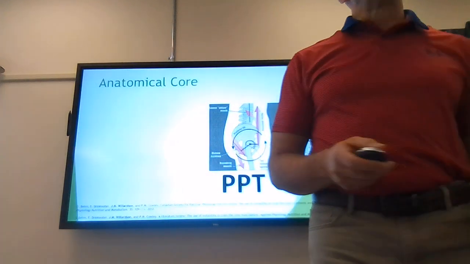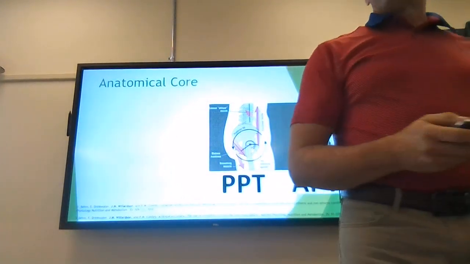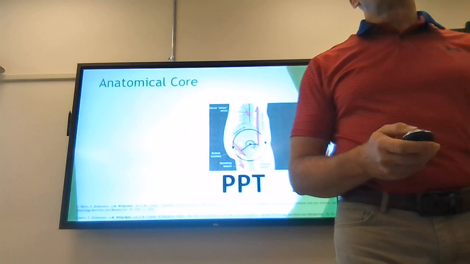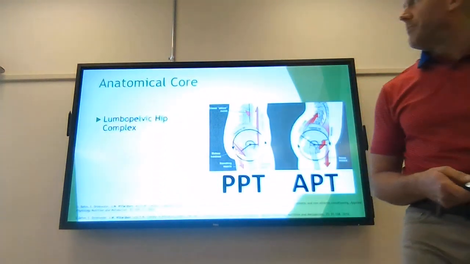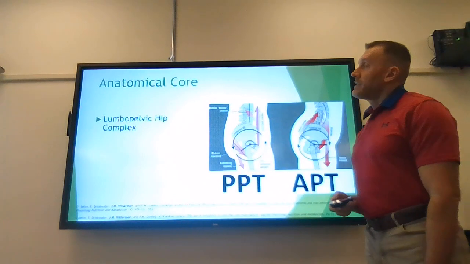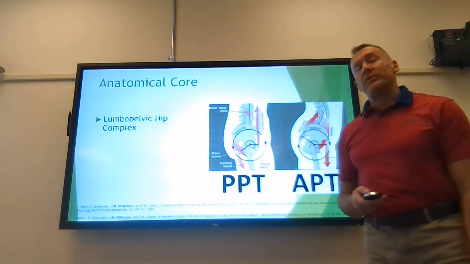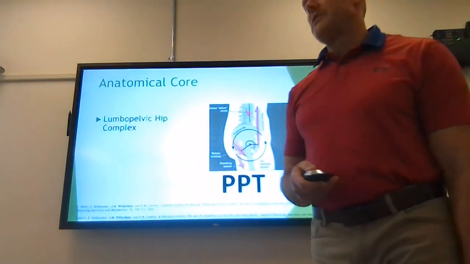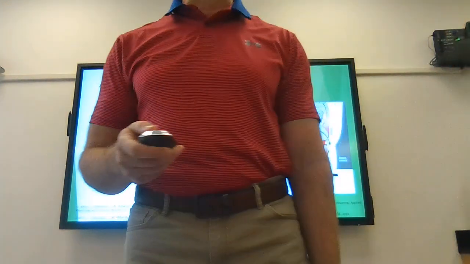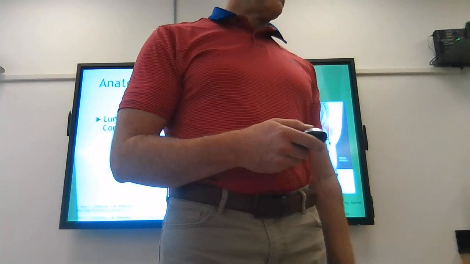So I would like to throw out a definition to you about what is the anatomical core. So I posit that it's the lumbopelvic hip complex. Lumbopelvic hip complex. So that, as you know, describes a skeletal segment that's connected together.